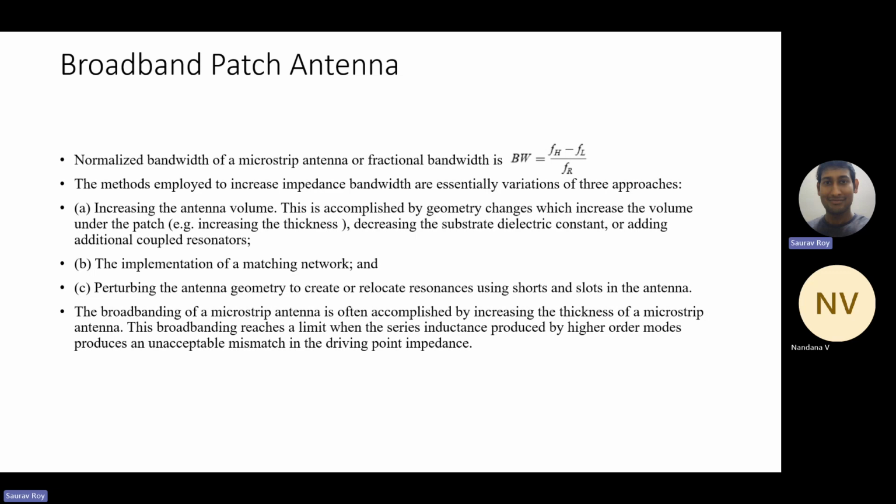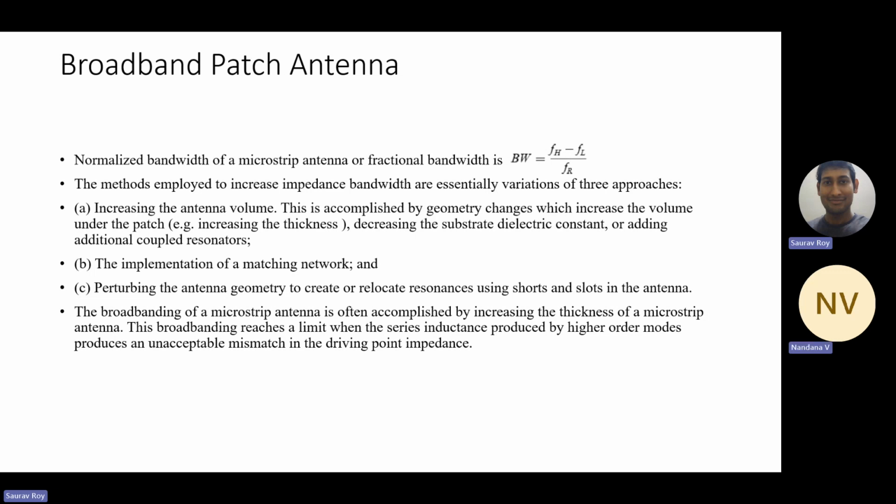There are many methods generally used to increase the bandwidth. The first one is increasing the antenna volume. If you increase the substrate height, instead of one single substrate you can take multiple substrates.